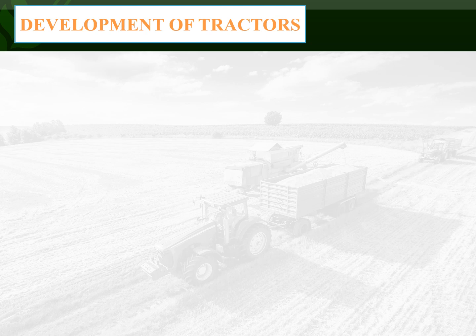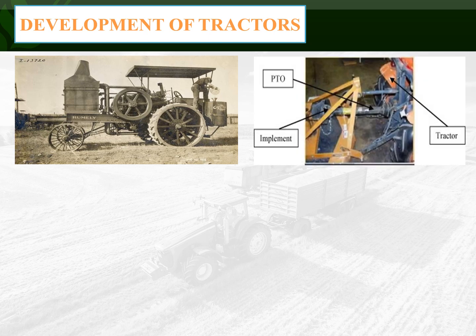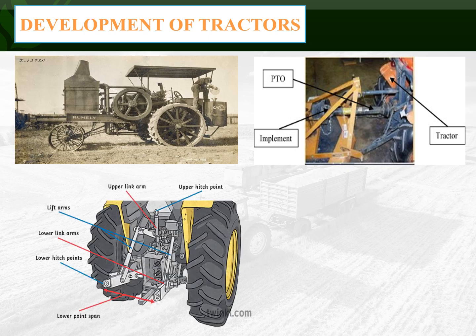We discuss the picture of development of tractors. In the first picture, metal wheel is used for traction. The second picture is the PTO shaft attached between the tractor and the farm equipment at the rear end. The third picture is 3-point linkage system.